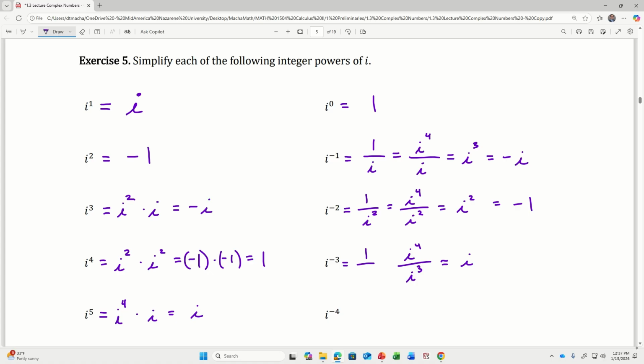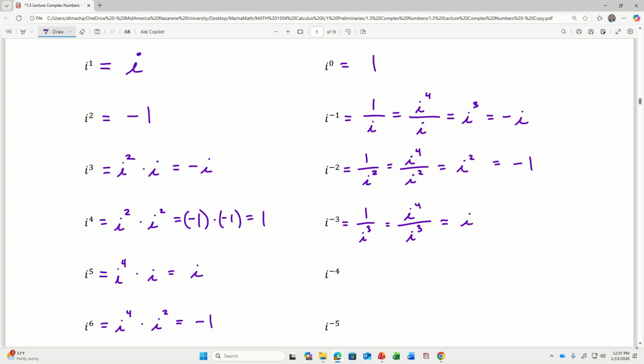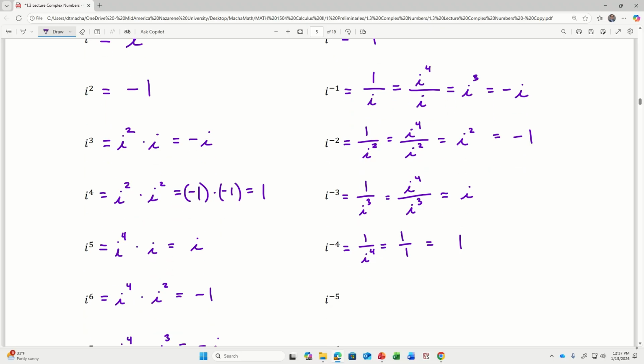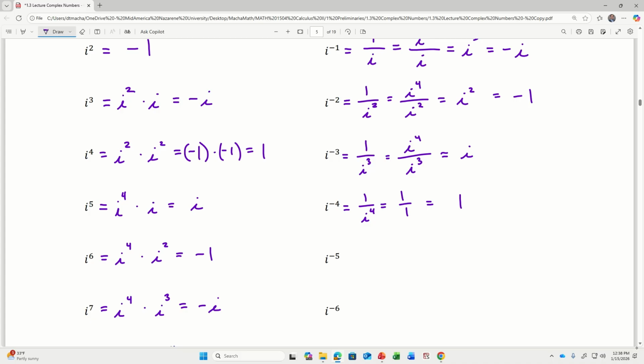Yeah. What about i to the negative 4 power? One. i to the negative 5 power.